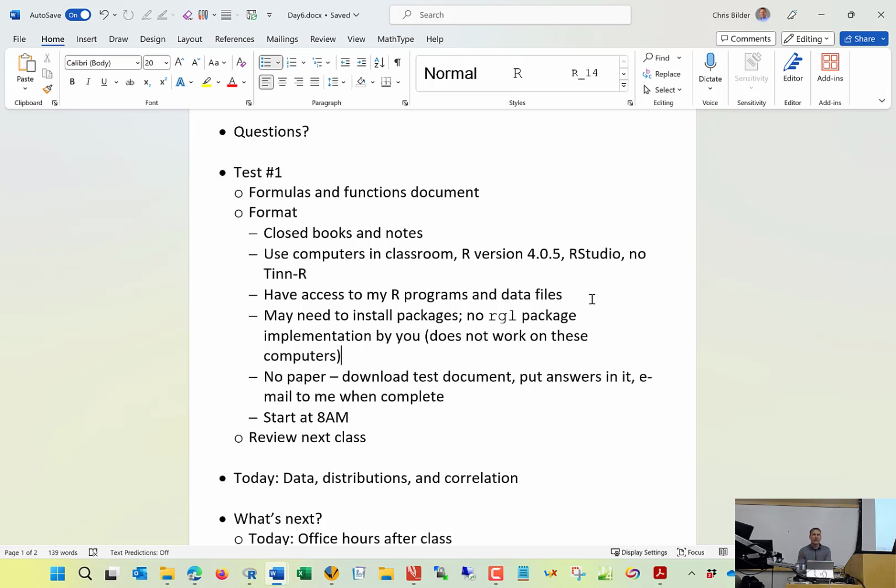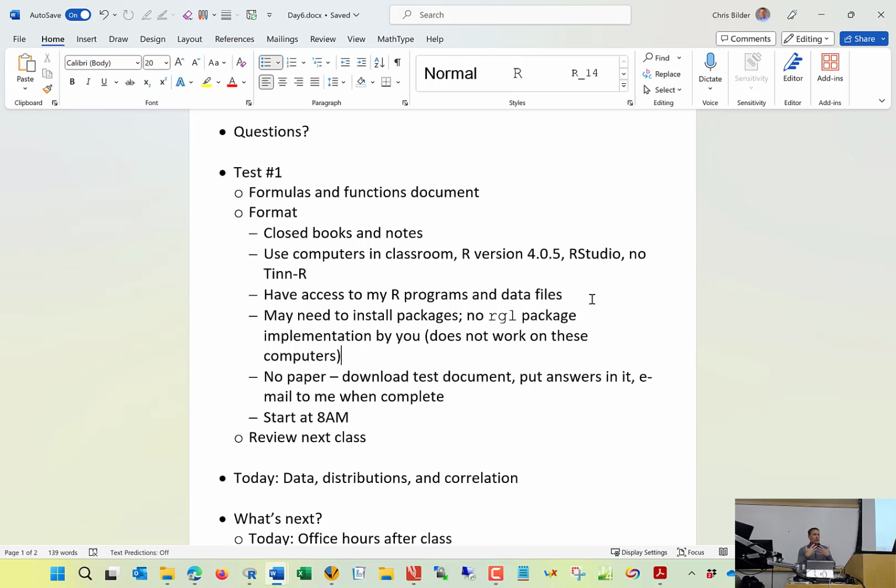Very simply, let's say I asked you to calculate an estimated covariance matrix, like what we did towards the end of last class. If you just put the estimated covariance matrix there, rather than show me how you got it, you will not receive full credit. The reason I require that is because it's actually beneficial to you. If you made an error in your calculation and you got the wrong number, and you only gave me the number, I don't have any way of determining whether it was just a very small error.